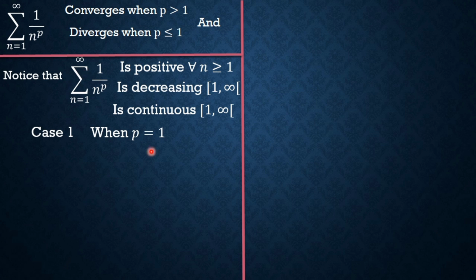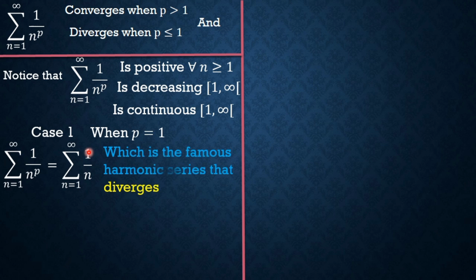In this case, whenever p is equal to 1, this series, that is, the series from n equals 1 to infinity of 1 over n raised to the power p, simply becomes the series as n goes from 1 to infinity of 1 over n. This, as you all know, is the famous harmonic series that diverges.